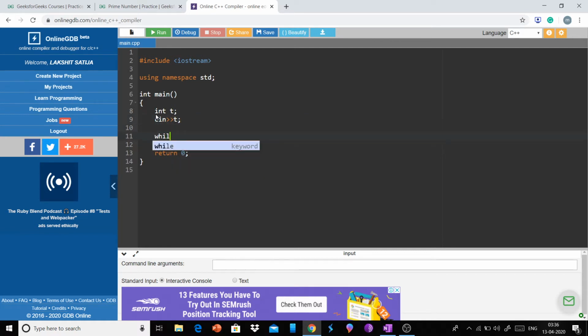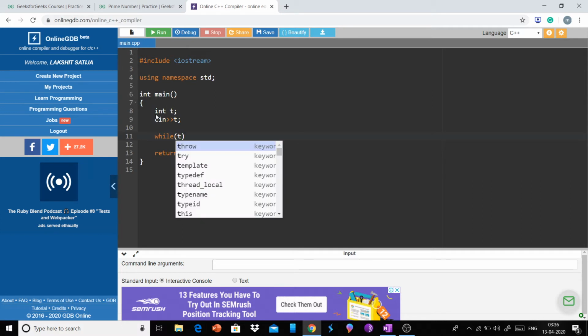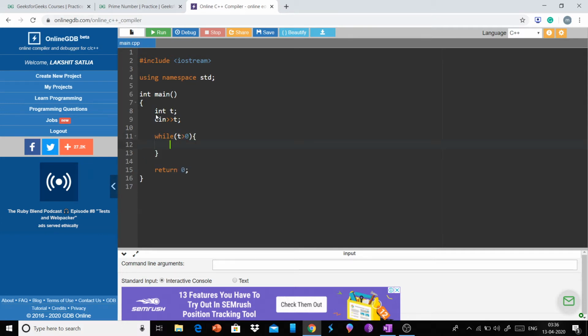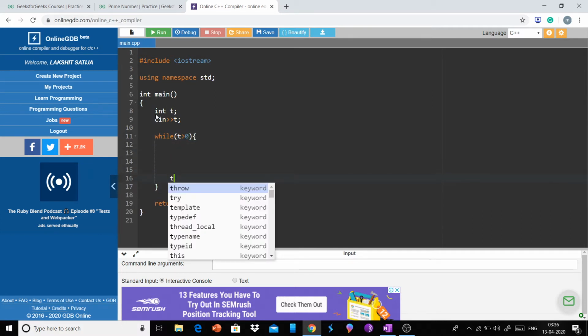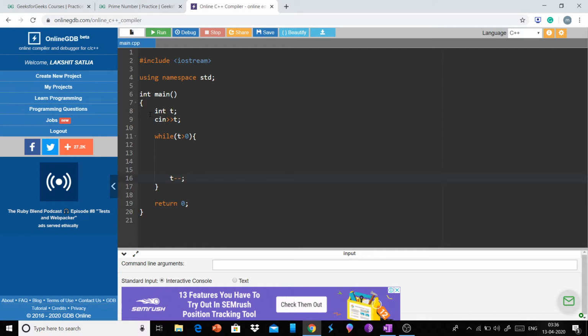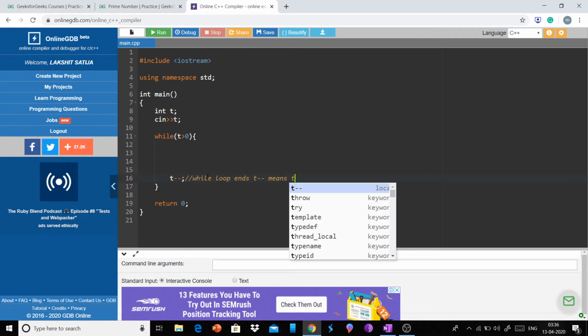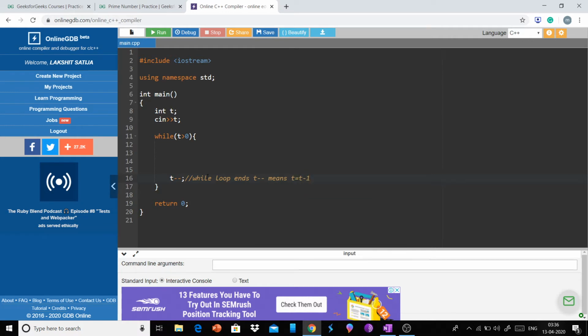Now while t is greater than 0, t minus minus, right? This is where our while loop ends. And I hope you remember that t minus minus means t equals t minus 1, right? I have discussed this in the previous video on operators and global variables, right?